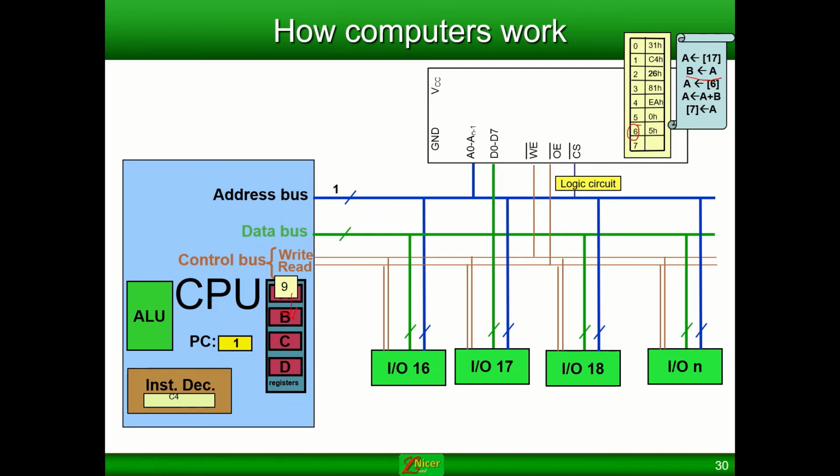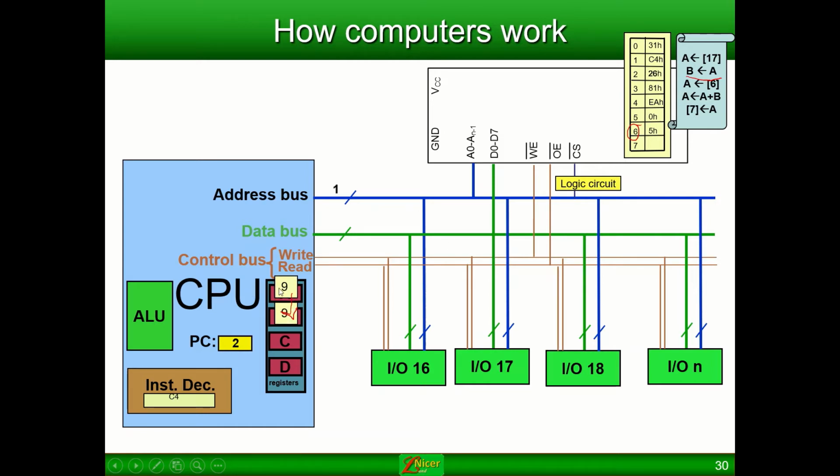The instruction decoder will decode this instruction, and our program counter will also be updated to 2, as we have to next execute the 26H instruction.